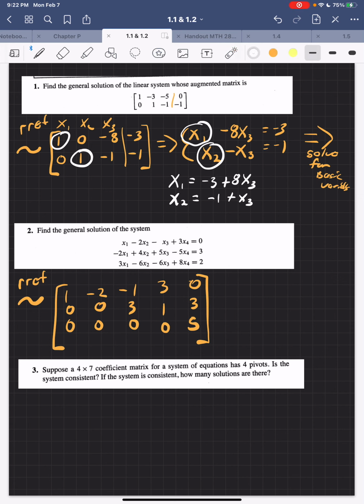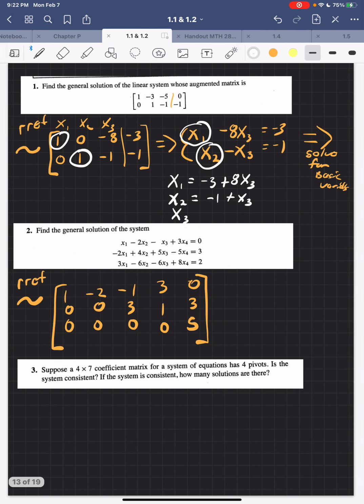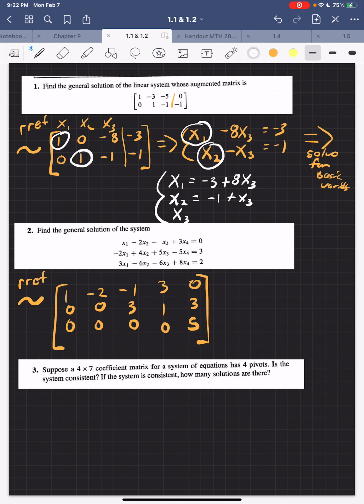Now, the last step, and this is honestly easy, but it's the one that's most commonly missed: you have to state that x sub 3 is free. You have to state that it's a free variable.